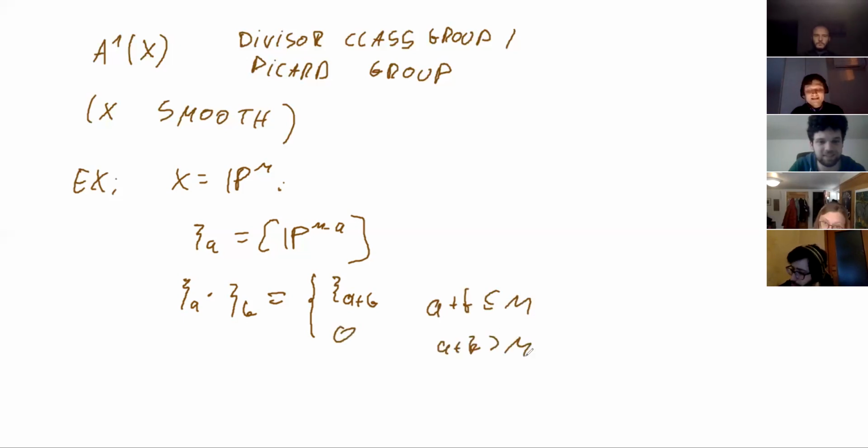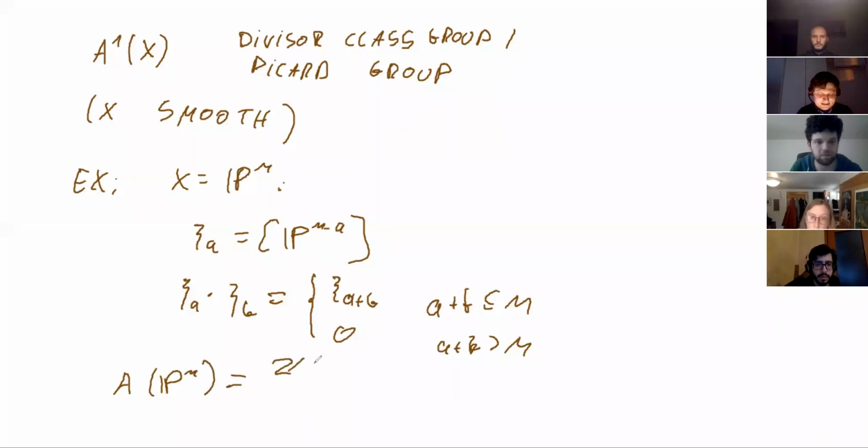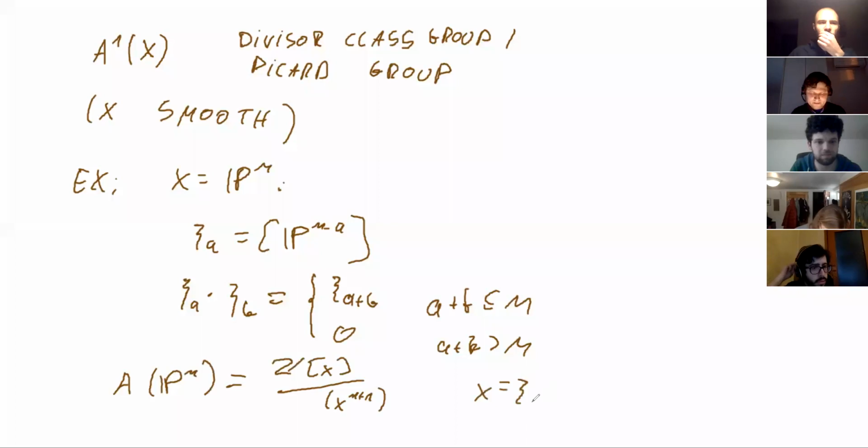And this one will be generically transverse if you really choose those projective subspaces in general position. So this tells us that this is just this ring where X is the class of the hyperplane. So X is psi_1, the class of the hyperplane.